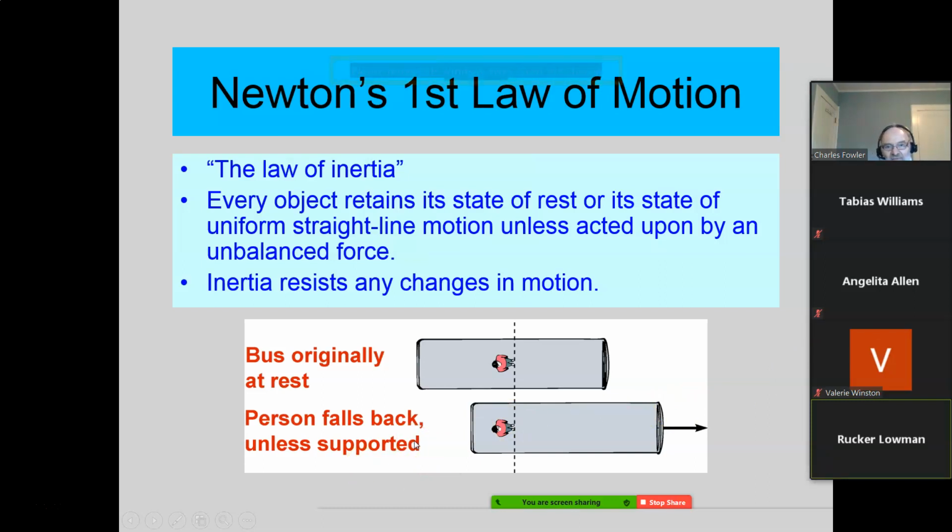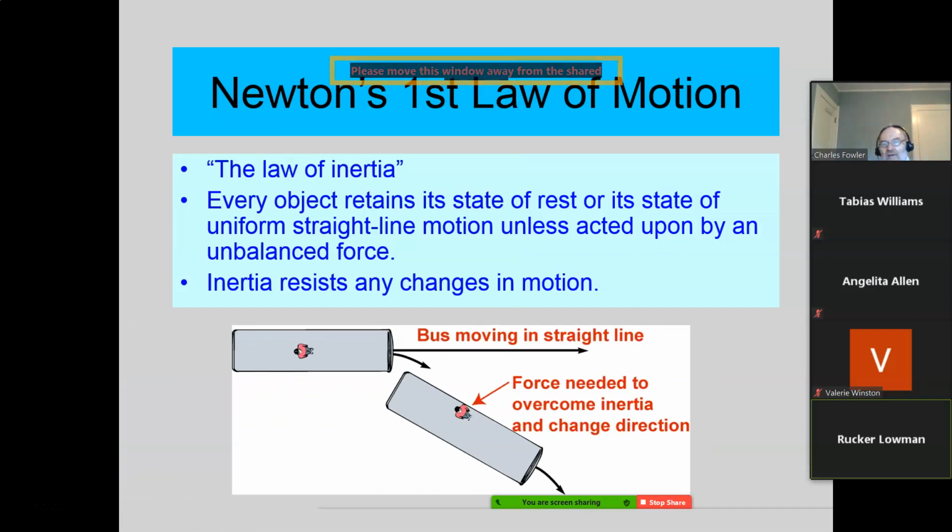Similarly, let's see if they have that one. No, it doesn't. If the bus was moving ahead and then came to a stop all of a sudden, you are moving forward because you're trying to maintain that same inertia you had, and the bus stops, you are still trying to move forward, okay?